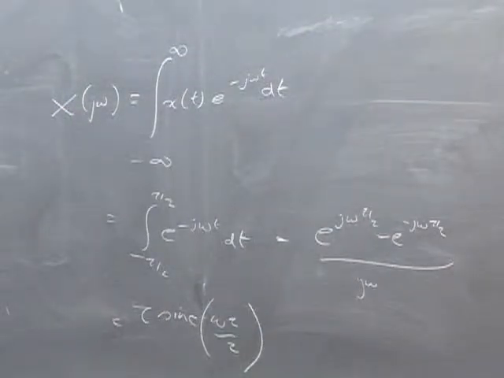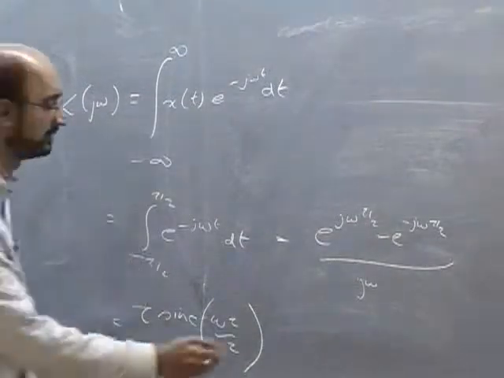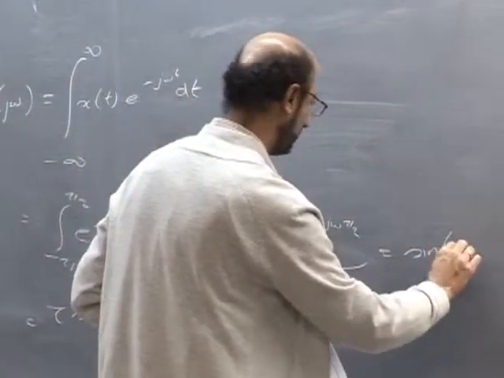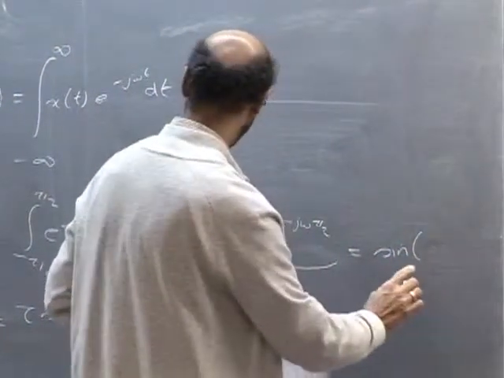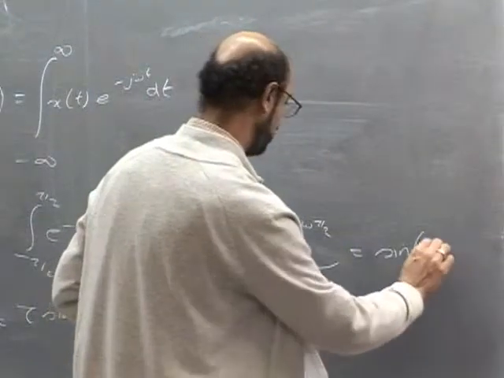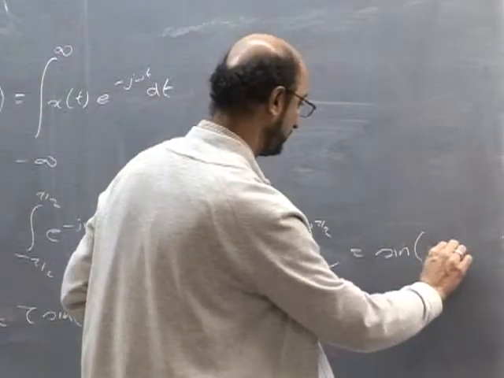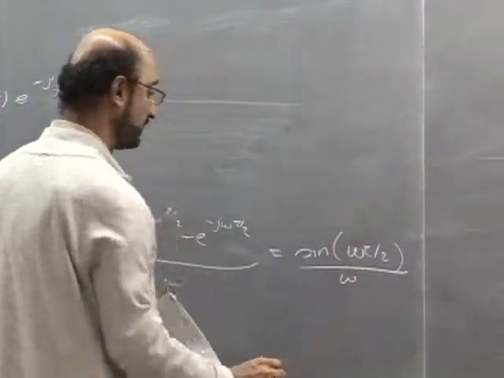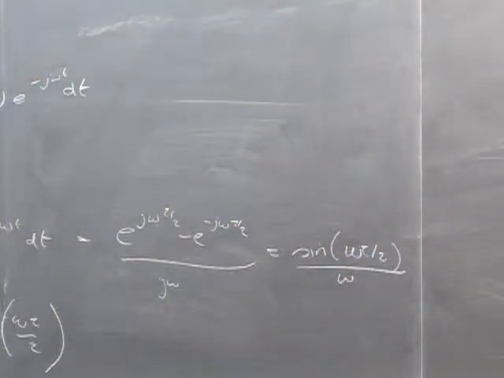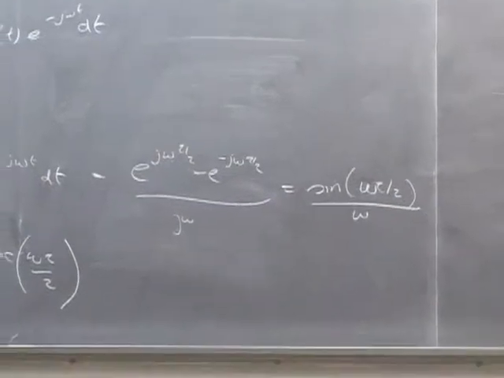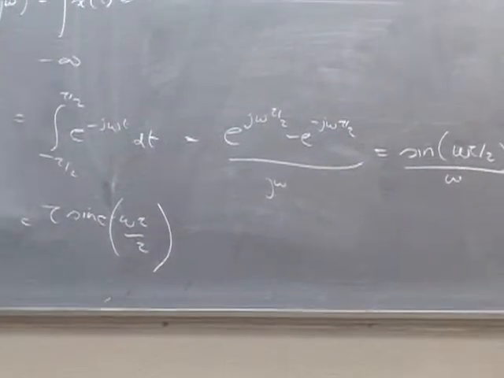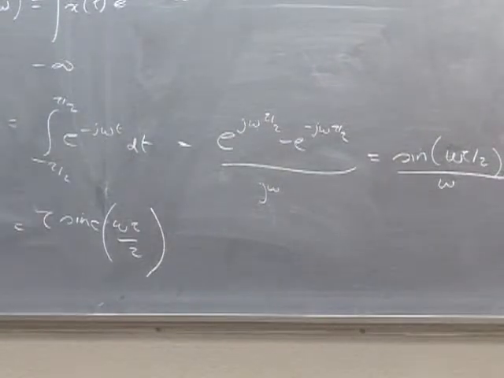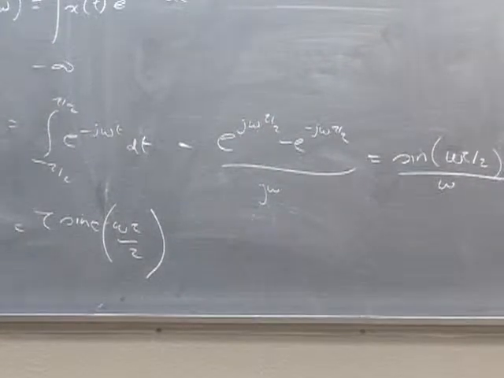This is sine of ω tau by 2 over ω, and you just multiply above and below by tau over 2, so you get sine(ω tau over 2) over (ω tau over 2), and you get this form over here.